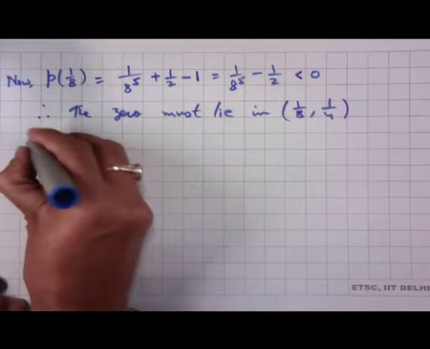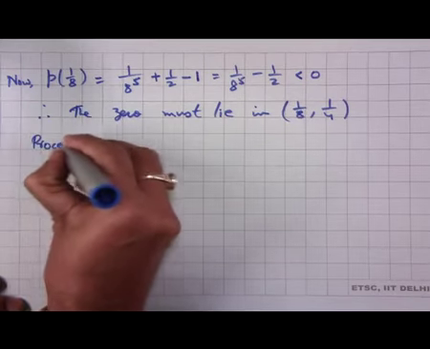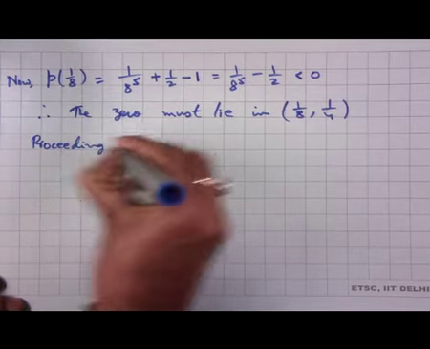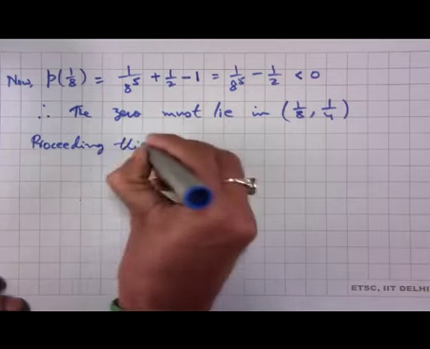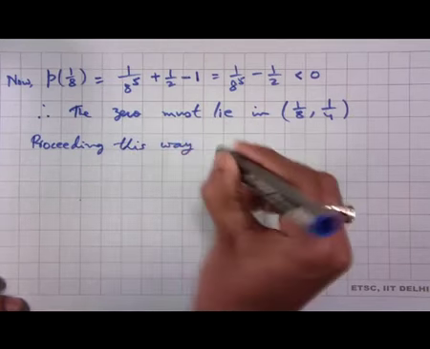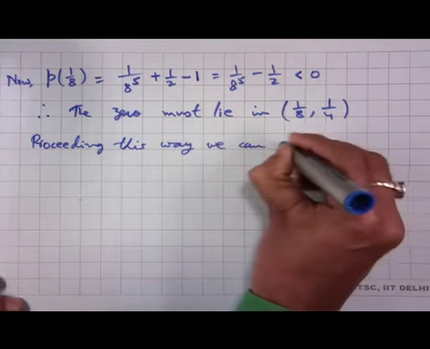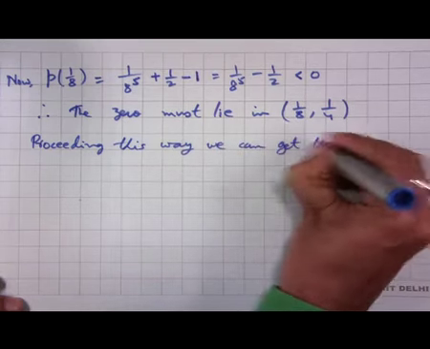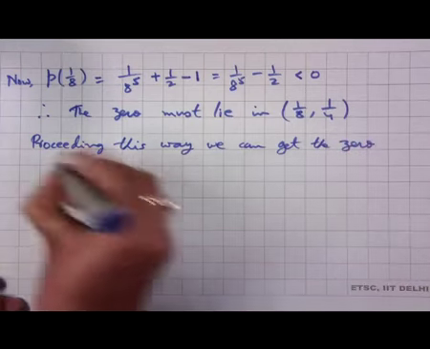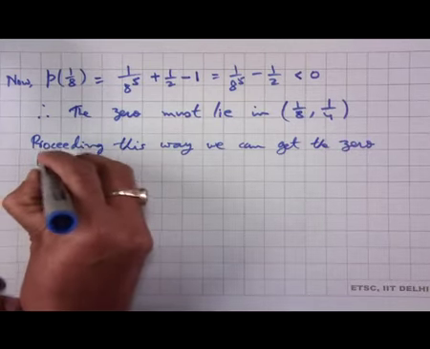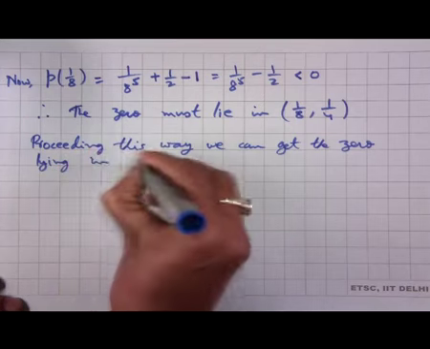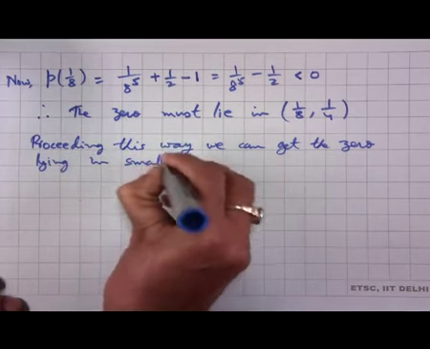So, proceeding this way, we can get the 0 lying in a smaller and smaller interval.